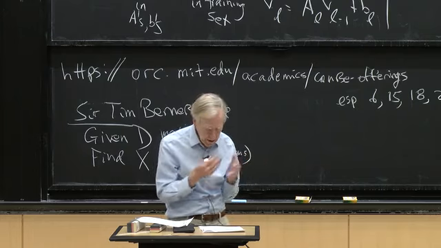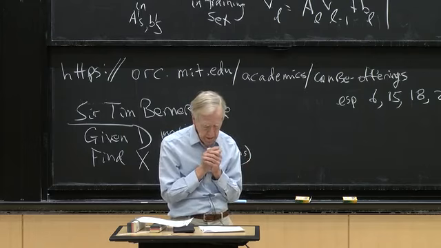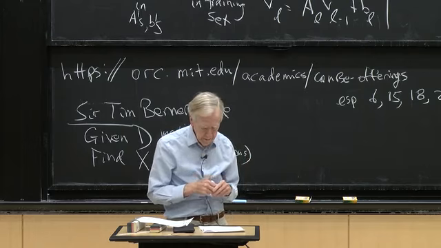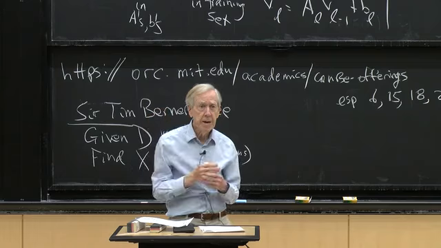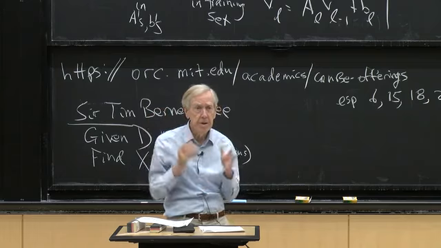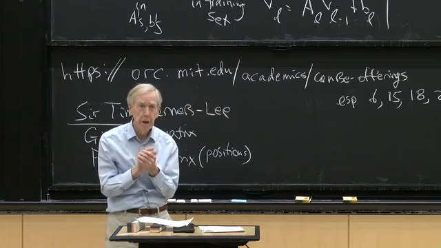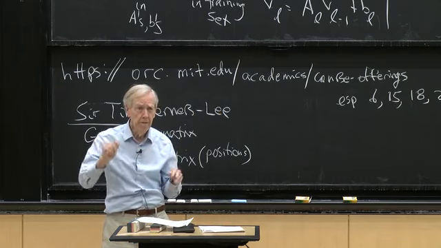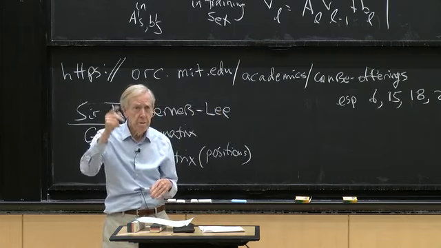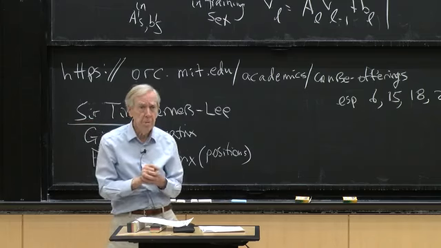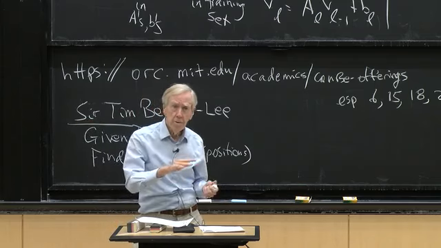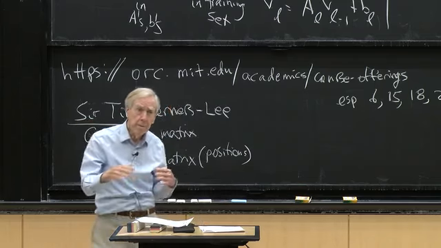And machine learning could be described also as you're given a whole lot of points in space, feature vectors in a high dimensional space. Actually, this is a big deal. You're given a whole lot of points in high dimensional space, and those are related.